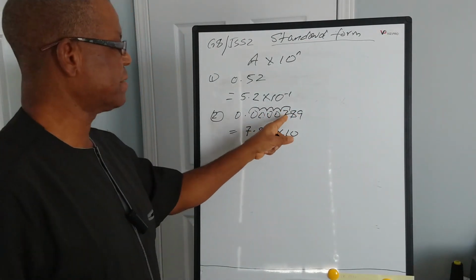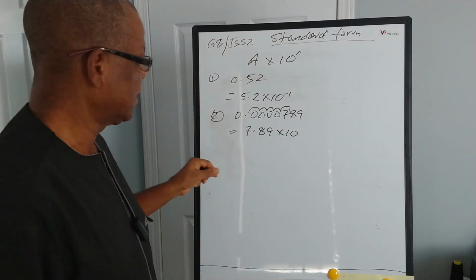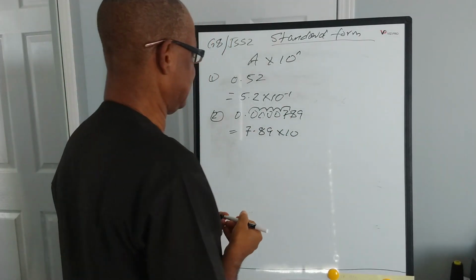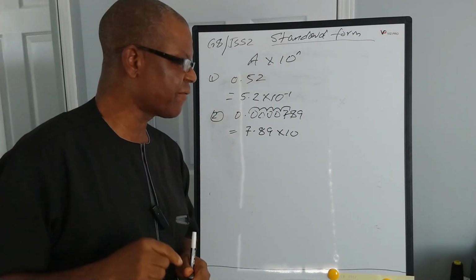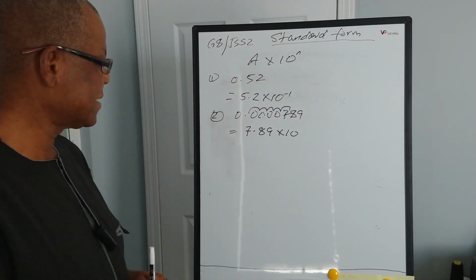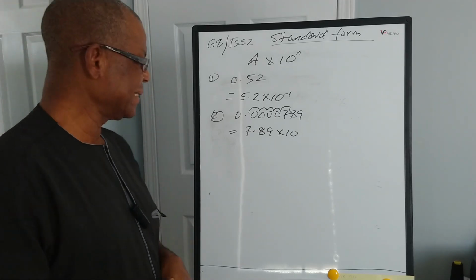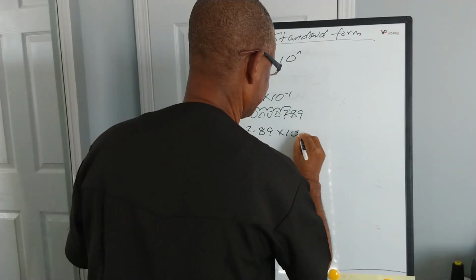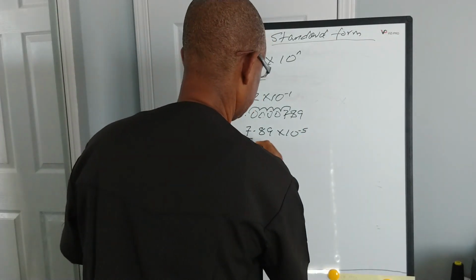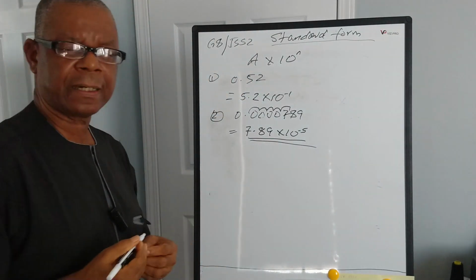This is where the decimal point is now. So we now say that the standard form of 0.000789 is 7.89 times 10 raised to power minus 5. This is our standard form to that regard.